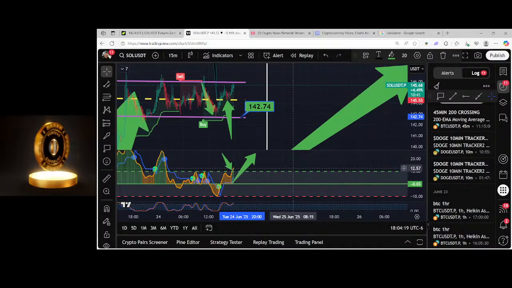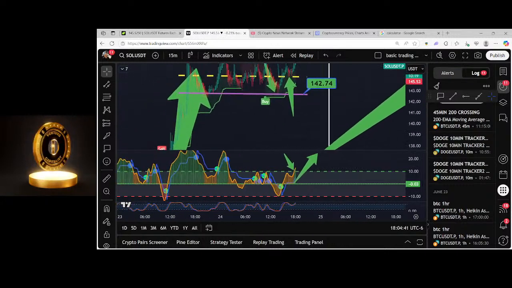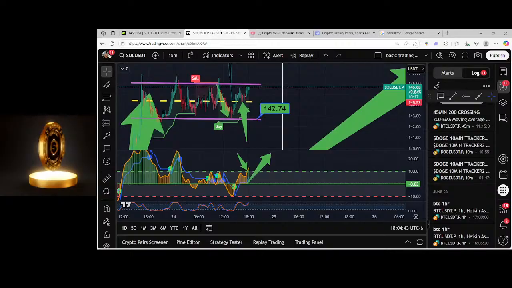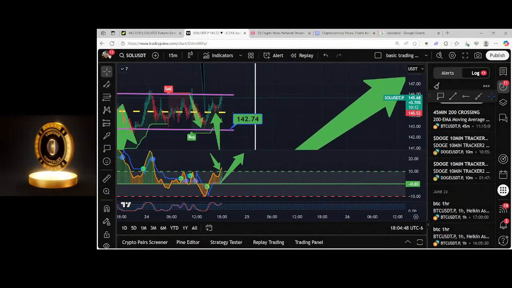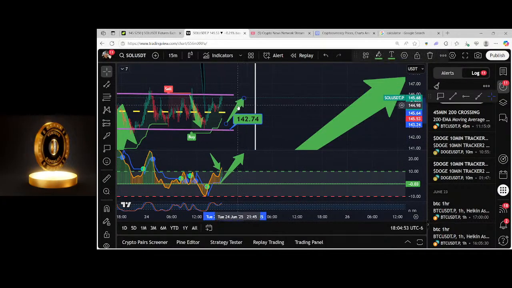So are you at the top of your channel? So does that mean Sol is going down? So right now, the top of this channel is a 15-minute channel, okay? Which means that right now, Sol is at the top of its current range, at its resistance. So in order for this to go up, here's what Solana has to do, and this is what most traders are going to wait for.